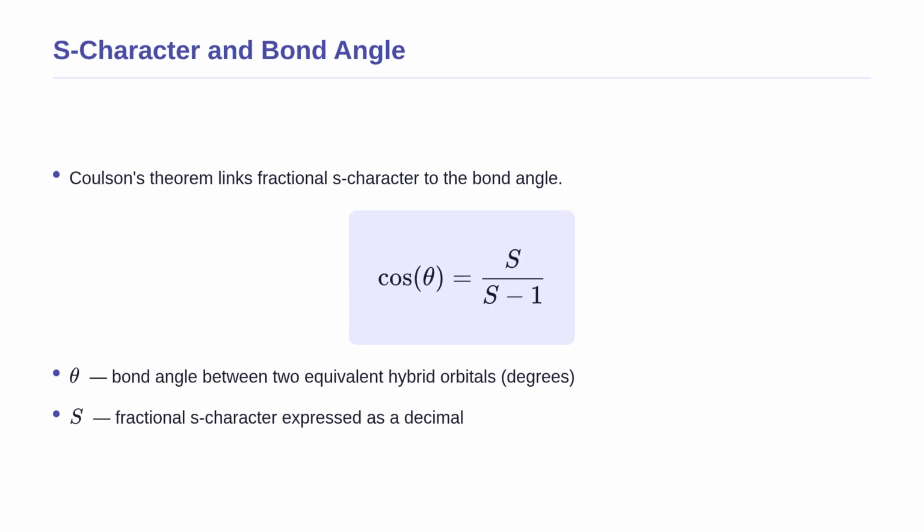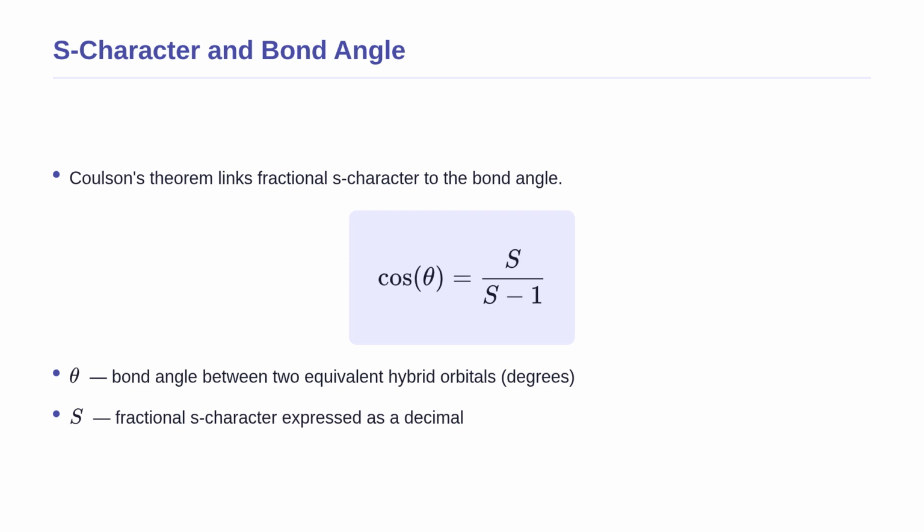This conceptual rule actually has a mathematical foundation, which brings us to Coulson's theorem. This formula directly links the fractional s character of a hybrid orbital to the cosine of the bond angle between two identical bonds.